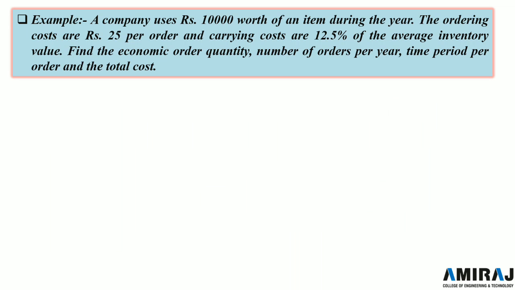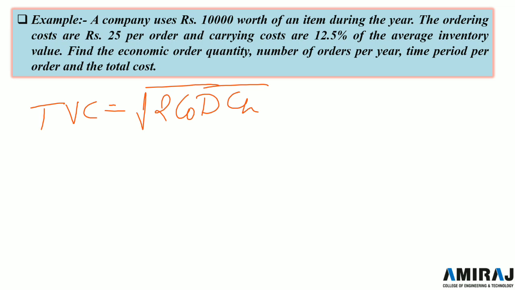And for finding the total cost we have to find the total variable cost. So the total variable cost, we know the equation, is the square root of 2 CO D CH, where we know that CO is equal to 10,000, capital D is equal to 25 and CH is equal to 0.125. So the total variable cost will be 250 rupees.